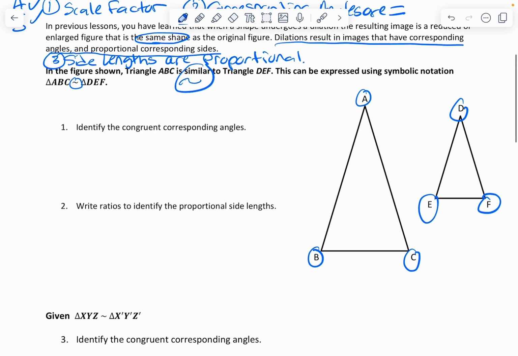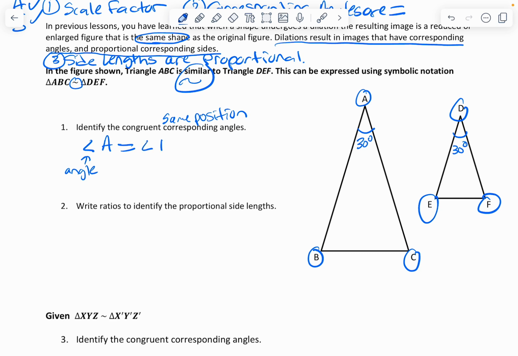Corresponding angles. Essentially what we're doing here is we're going to use this sign right here to stand for angle. So angle A is going to equal, let's say, 30 degrees. What angle corresponds? Which one's in the same position? The same position as A is D. That's also going to be 30 degrees.